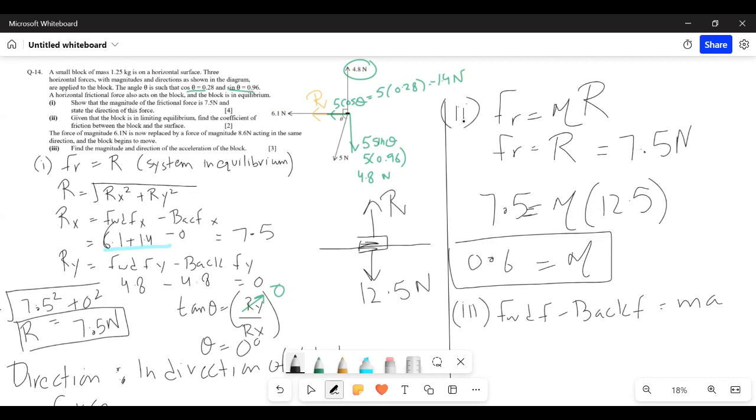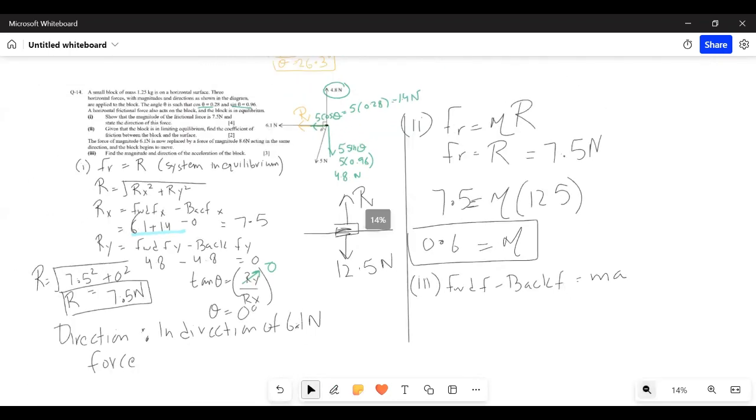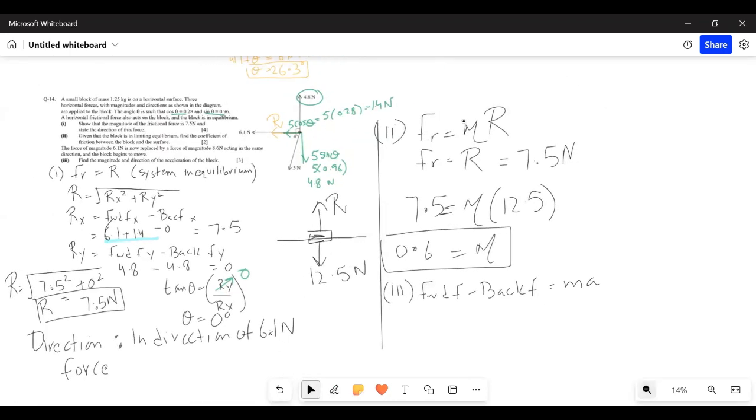Okay, so now we need the new resultant, I mean the new forward force. So that is going to be फॉरवर्ड फोर्स जो है वो अगेन आर एक्स ही होगी, द न्यू आर एक्स, क्योंकि जैसे कि हमने पहले देखा 4.8 न्यूटन अपवर्ड है और 4.8 न्यूटन ही डाउनवर्ड्स है, तो वो तो एक दूसरे को कैंसिल कर रहे हैं. सो फॉरवर्ड फोर्स इज जस्ट द आर एक्स फोर्स because ry is 0 in this question as we've already seen.